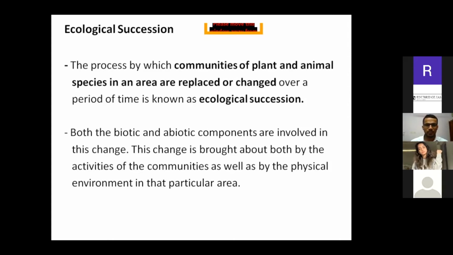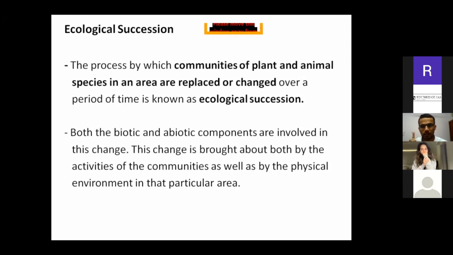Right. This change is brought about both by activities of communities as well as by the physical environment in that particular area. So suppose a physical environment is becoming less suitable for the population of different species, then those species might not be able to live in that particular area, and subsequently they will be replaced by certain other species. Fine.